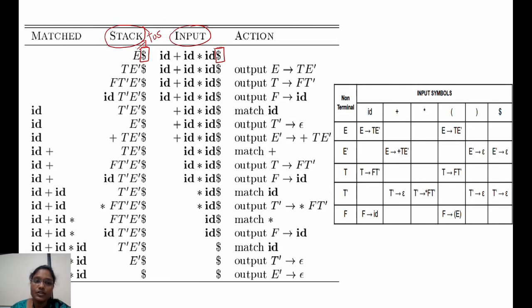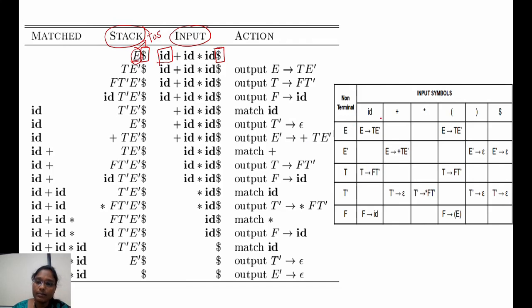Now each time we need to check as per the algorithm whether the stack becomes empty, that is, whether the top of the stack is dollar or not. If not, then we have to check what is the top of the stack. If that is a variable, then we have to check in the parsing table the corresponding entry for this top of the stack and the first symbol of the input string.